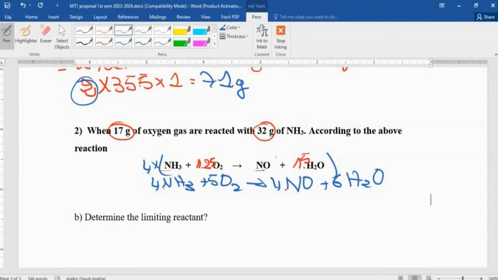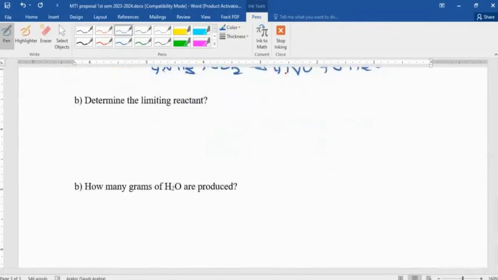So this is what I have in my mind. Now, doctor, I have two products, nitrogen monoxide and water. Which one will I use to make my calculation and see which reactant gives me the lesser amount of product? Here I have to see what the question is.